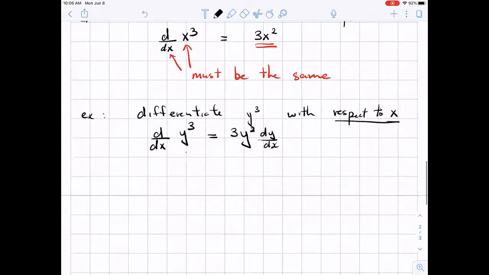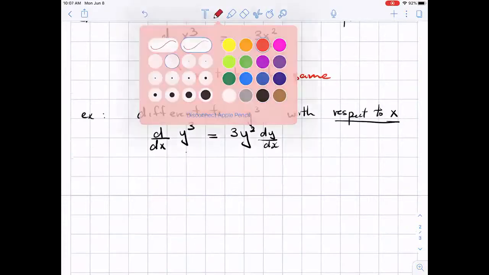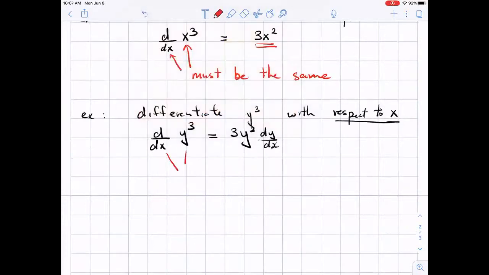So how do we know we have to do this? If you notice here, these variables are not the same. When they're not the same, we must use the chain rule.